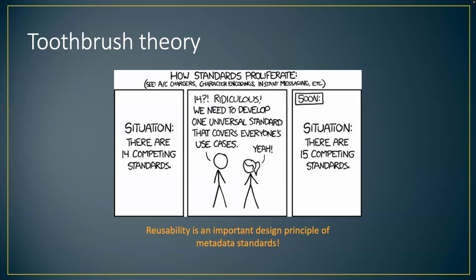So this is a big problem in the metadata world, that we are doing a lot of repetitive work. And in many cases, one standard is developed with the vision that we want it to be used as broadly as possible.